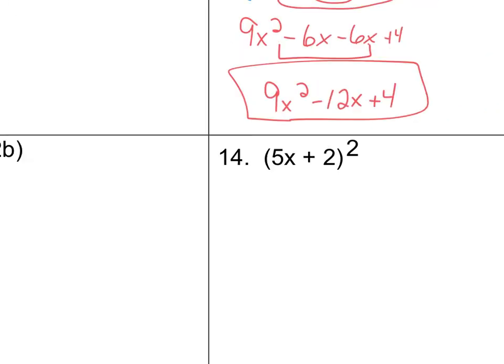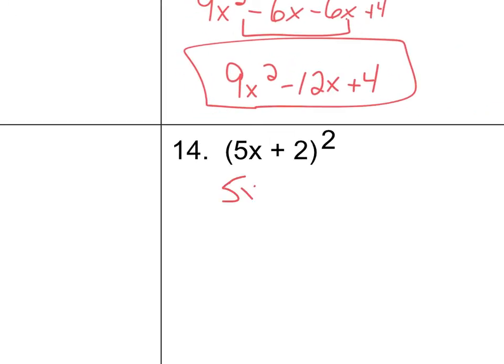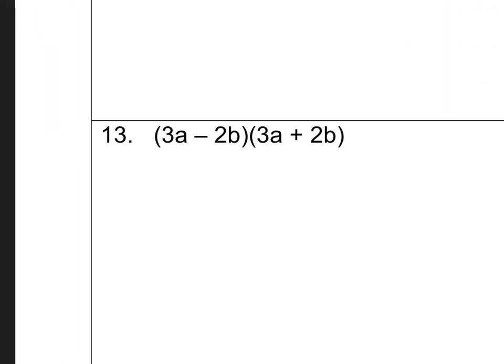We'll look at this. We're not going to do number 14, but just remember if you try it or see it on the homework, it looks like this. Don't mess that up. I would like to look at number 13 because it has multiple variables, but still no big deal. 3a times 3a, 9a squared. 3a times 2b is 6ab.